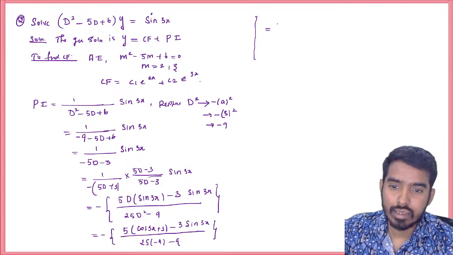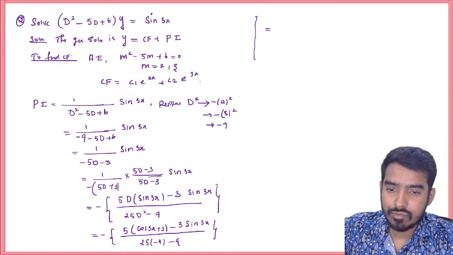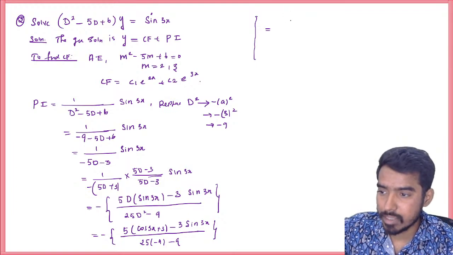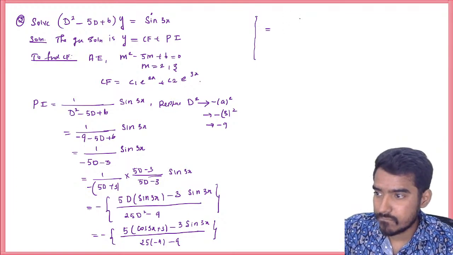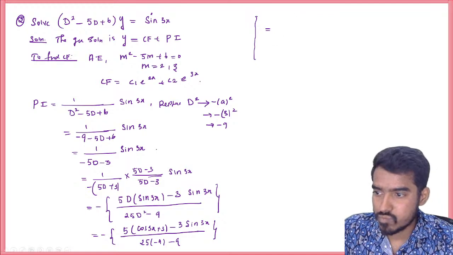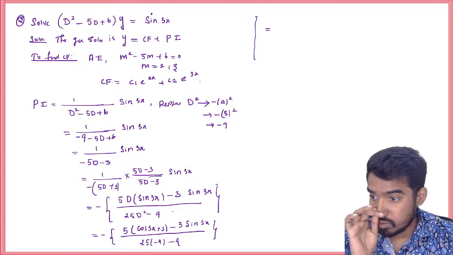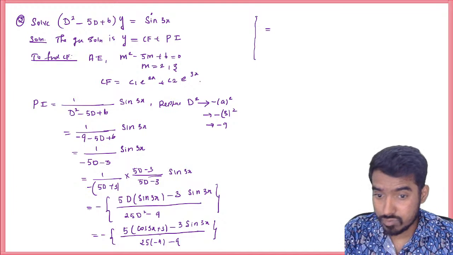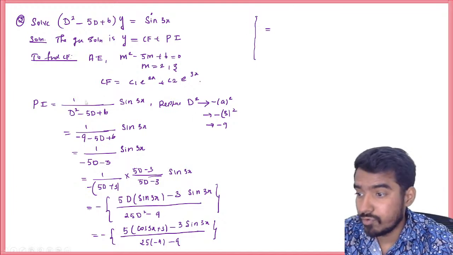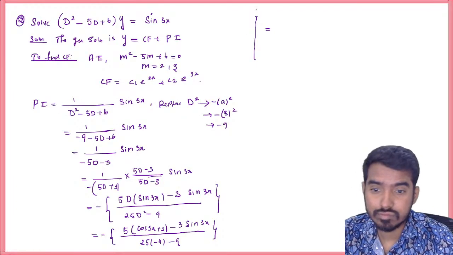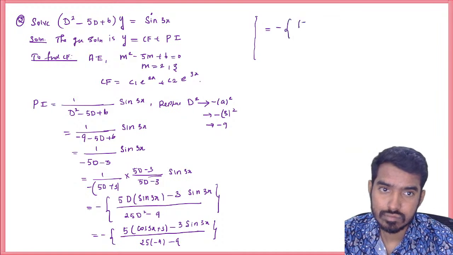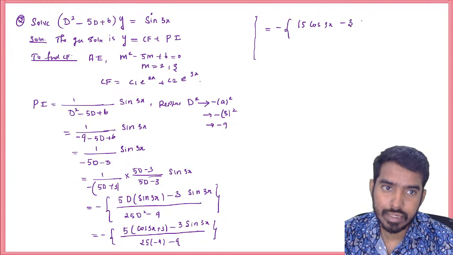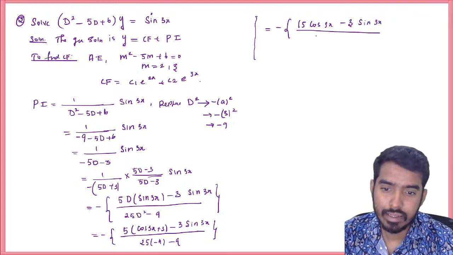So 5 threes are 15, so 15 cos 3x minus 3 times sin 3x divided by minus 234, right?